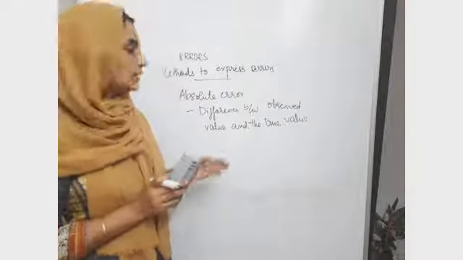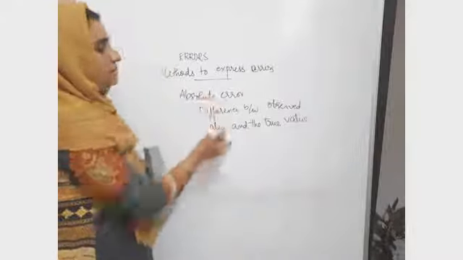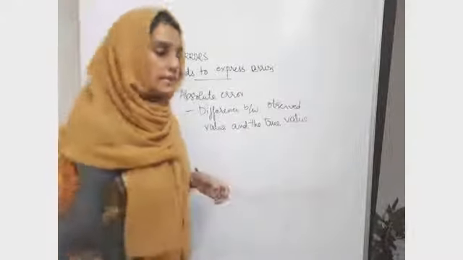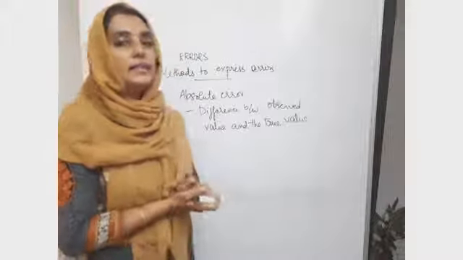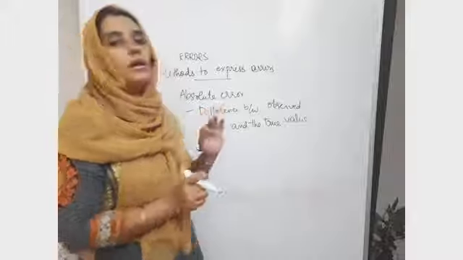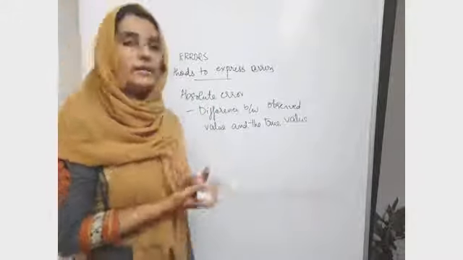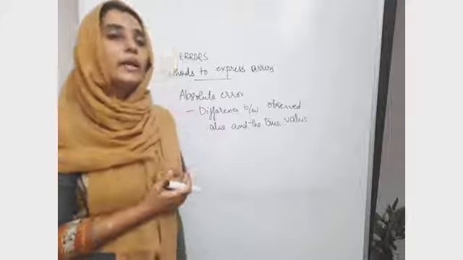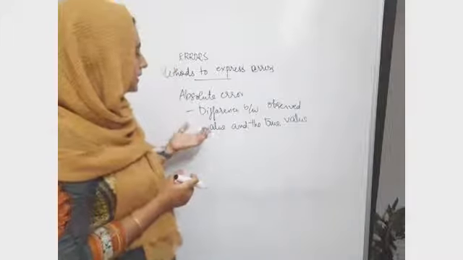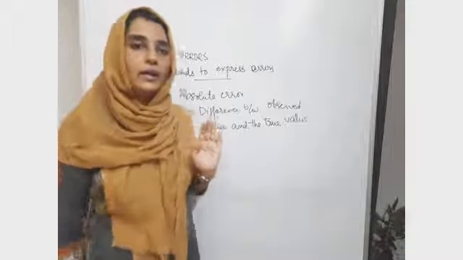That individual error is known as the absolute error. And we call it absolute error in the sense that we will not consider the negative signs in the case of error. Whenever you take the difference between these two values, even if you get a negative sign, that negative sign can be discarded. So you can simply call it the magnitude of the difference between the observed value and the true value.